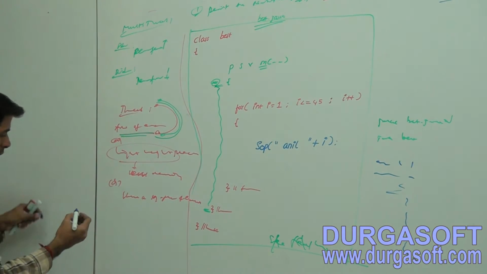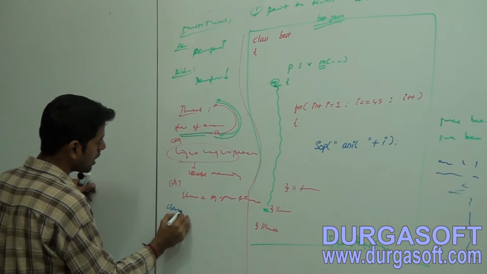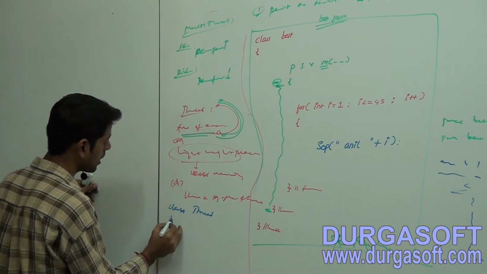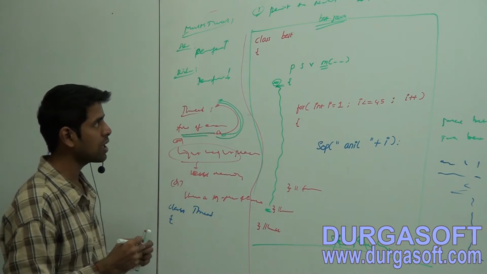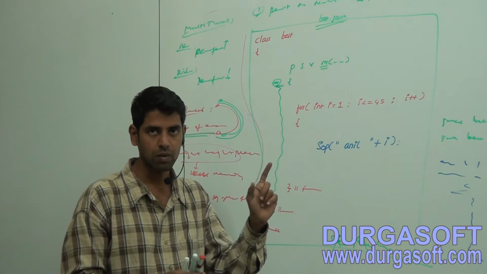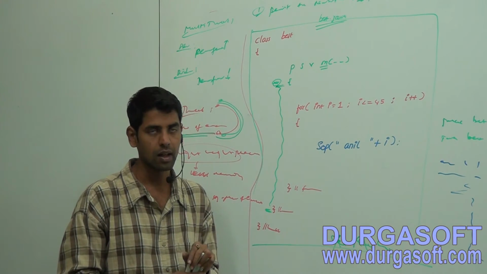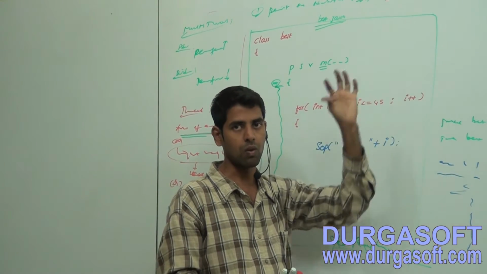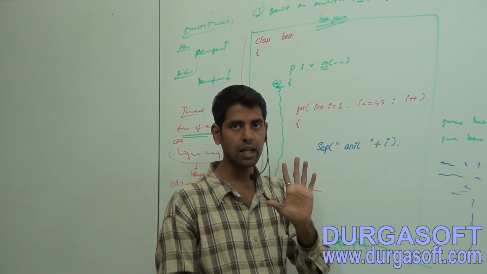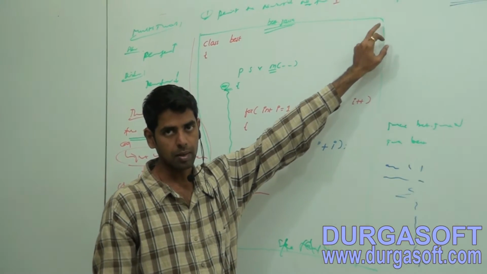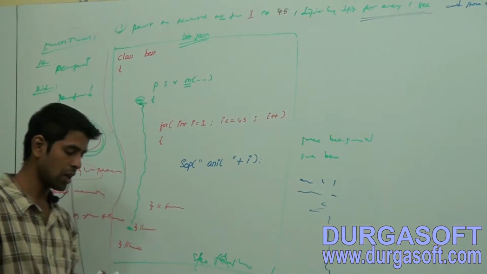Now observe here. To make our application print only one digit per second, from 1 to 45, the natural numbers, one digit for 1 second, observe here.